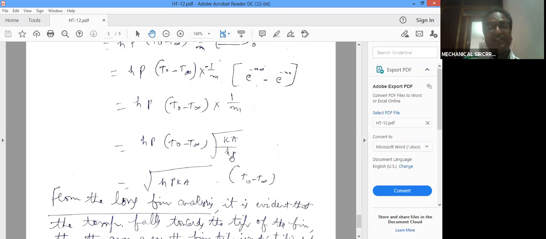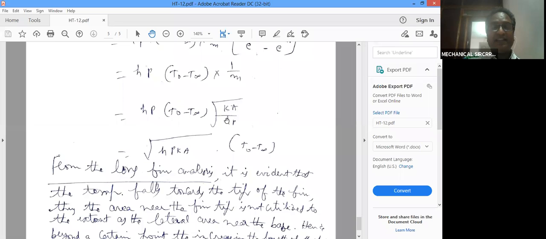With m equal to root of hP by kA, this is hP into (T naught minus T free stream) into 1 by m, where 1 by m is the square root of kA by hP. Here hP is there within the root, so the square root of hP appears, and here the square root of kA. That's why Q fin is the square root of hPkA into (T naught minus T free stream).